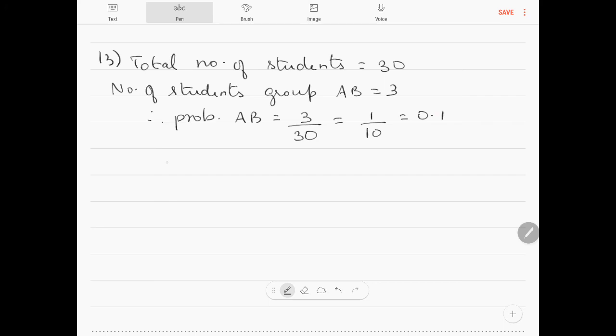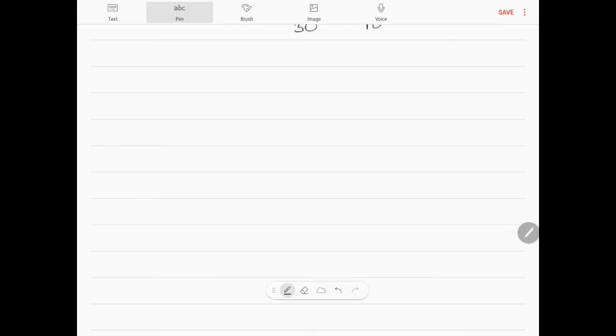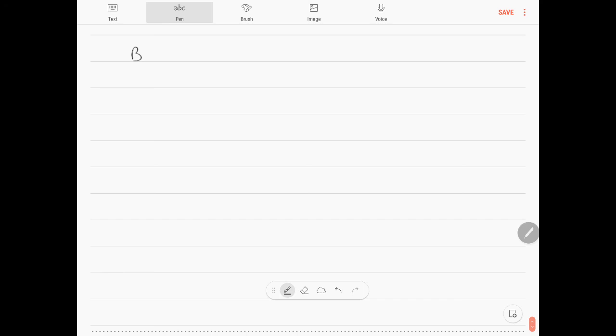The frequency distribution table will be: this is the blood group, tally marks, number of students.